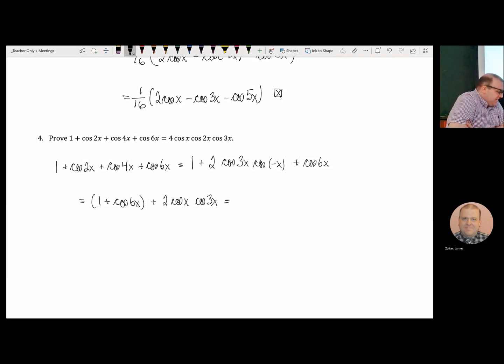One plus cosine of 6x. If I were to divide that whole thing by 2, we would have the reduction identity for cosine. So that's 2 cosine squared of 3x.